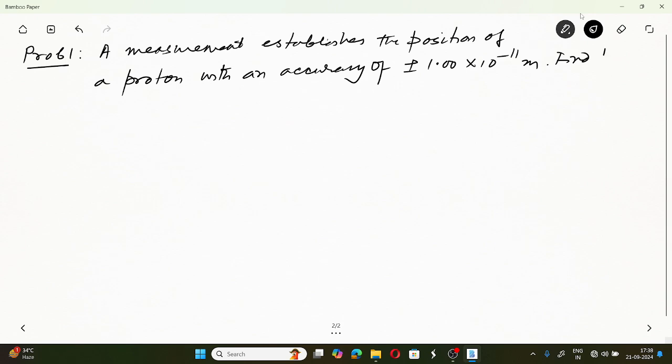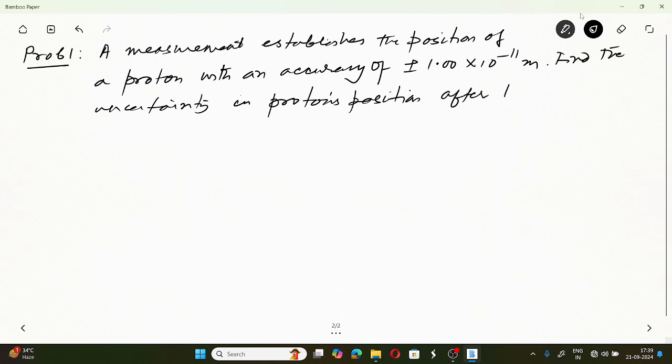Find the uncertainty in the proton's position after 1.0 seconds, given that the mass of the proton equals 1.672 times 10 to the power minus 27 kg. So this is the problem.